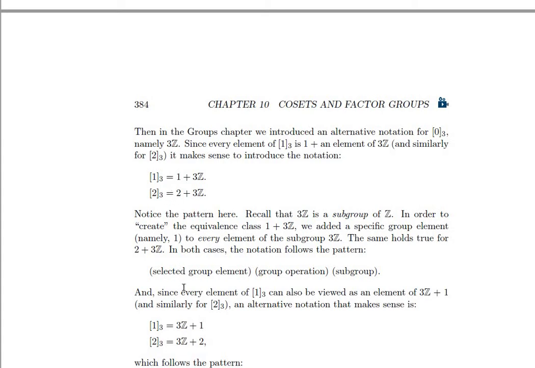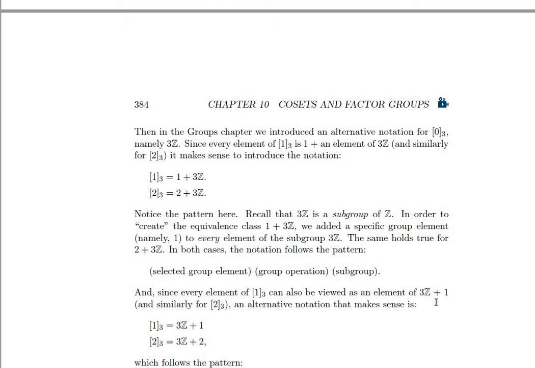The pattern here is that we take a group element, then the group operation, and then the subgroup we're using to define these sets. Here I took the group element first and then the group operation, but we know some groups are not abelian, not commutative. So I would get a different result in some cases if I took the subgroup first, then the group operation, and then the group element. That would be this notation here.